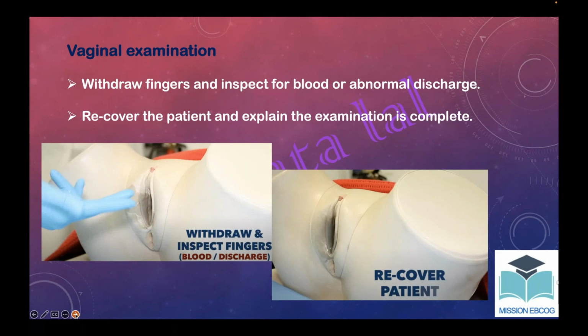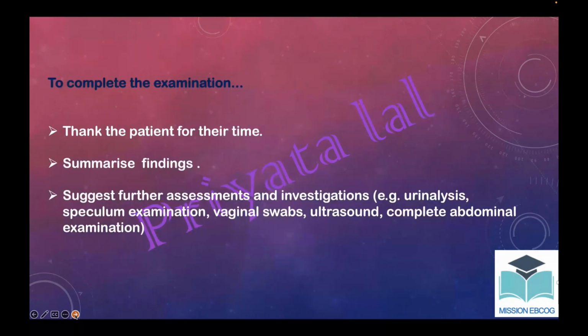After that, you recover the patient and tell the patient that the examination is complete. So this way per vaginal examination is done. I have not introduced the per speculum part here because I have kept it to the bimanual, with a basic per vaginal examination only. Then to complete the examination, you will thank the patient.